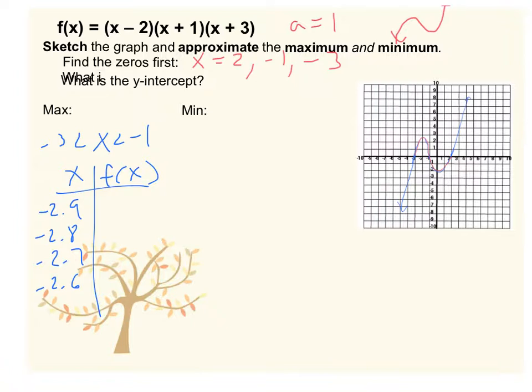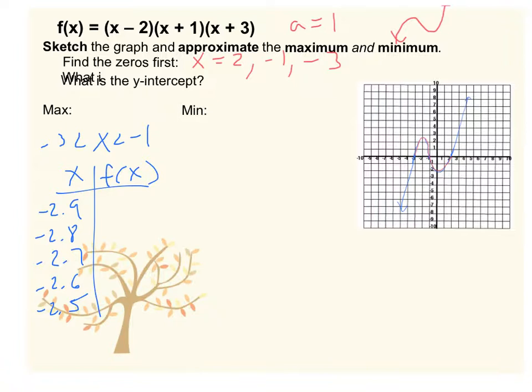That's how I would use this to isolate where that maximum point is. I would just keep going, plugging in these numbers, and find when it starts to go down, and that's how I'm going to isolate that maximum point.